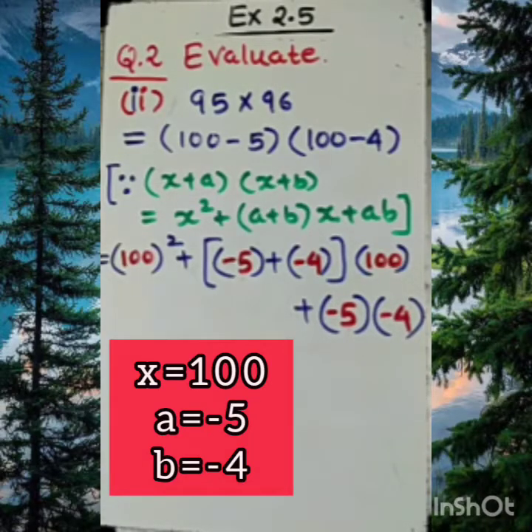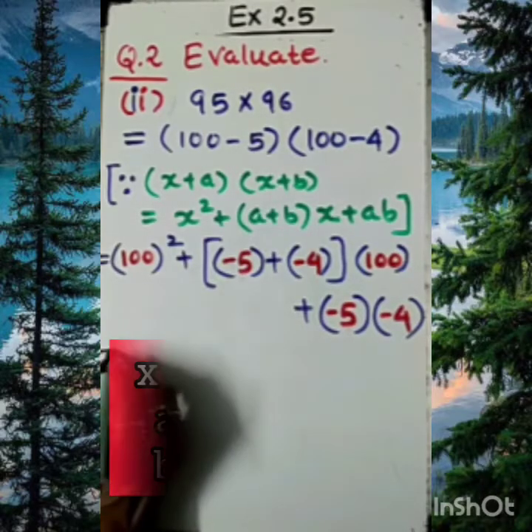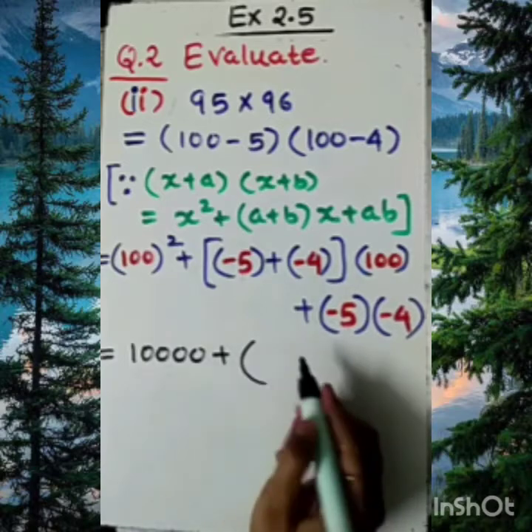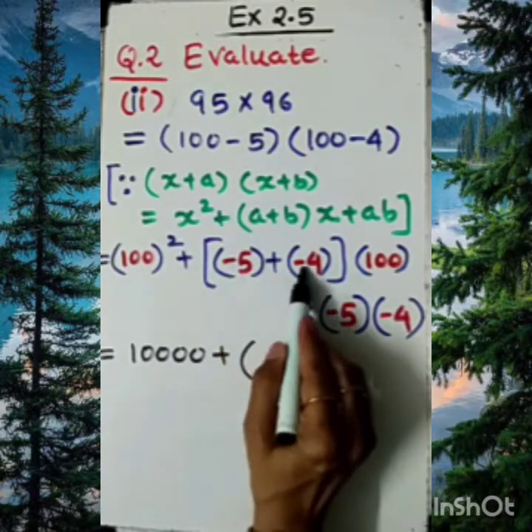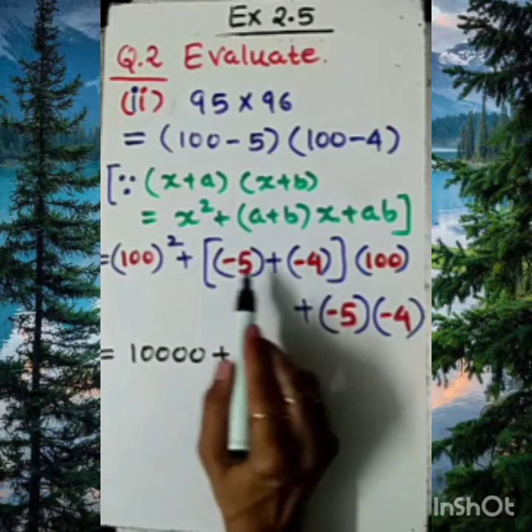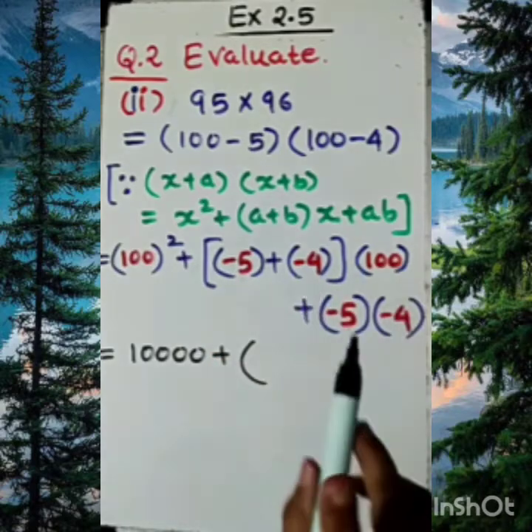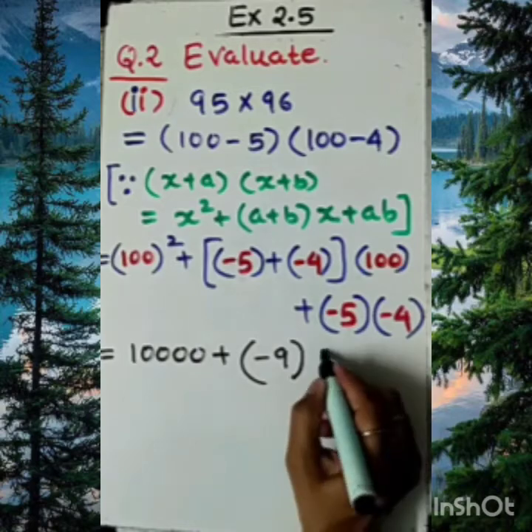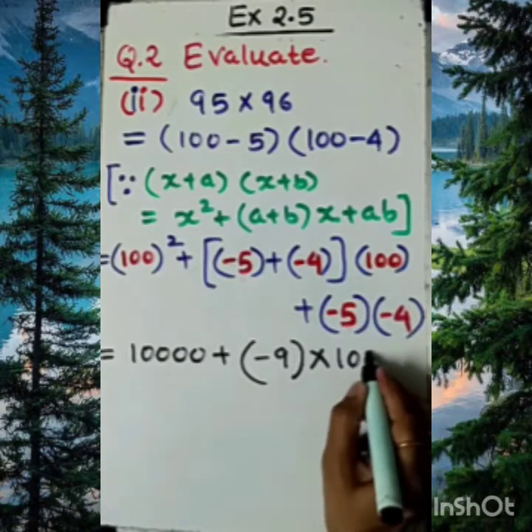Now let's simplify. All of us know very well that 100 square is 10,000. Plus, in bracket, minus 5 plus minus 4, same sign, addition, so it will be minus 9 into 100. Fine.